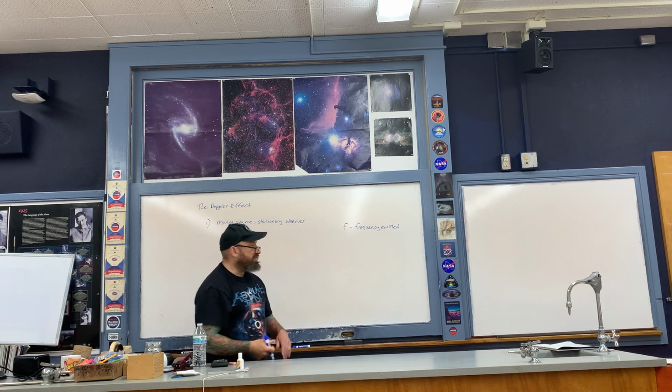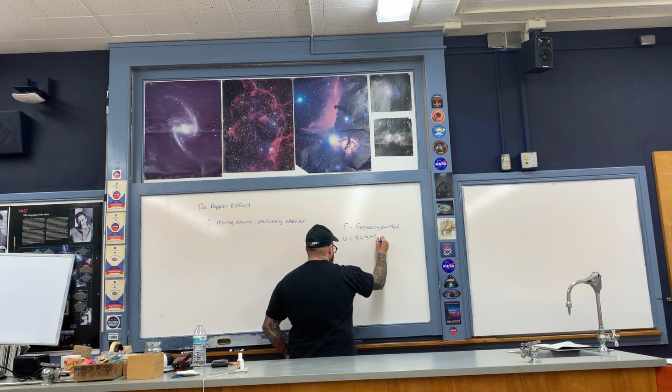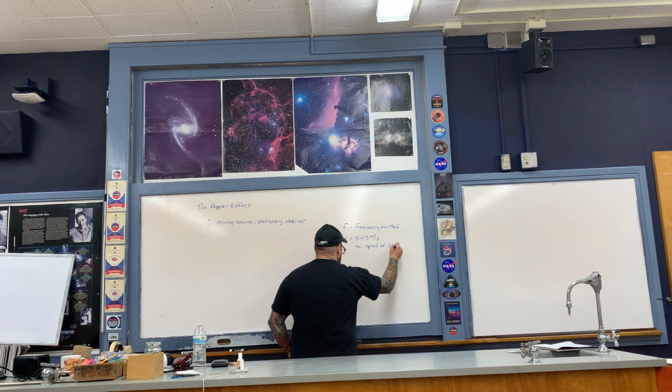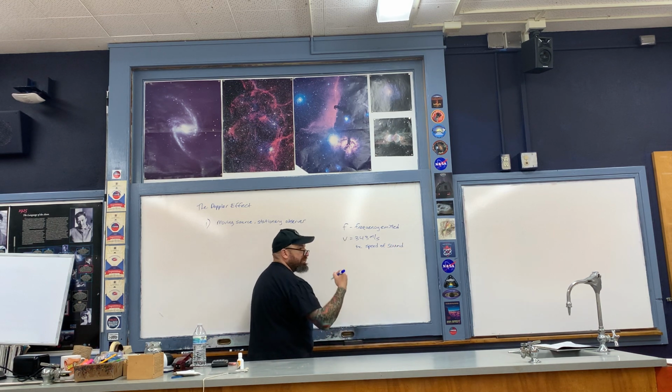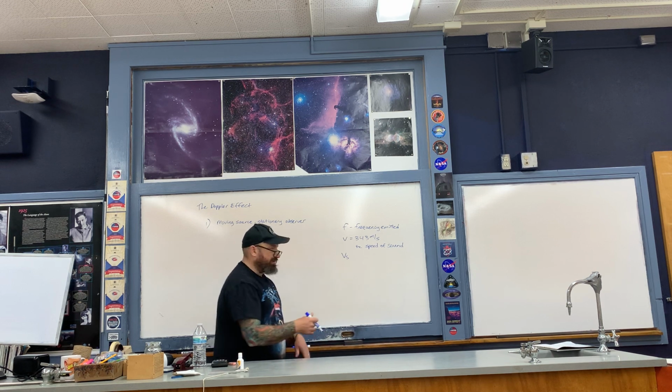Then we have the speed of sound V, 343 meters per second. Then we have the speed of the source. This is labeled as V sub S. So this is not the speed of sound, this is the speed of the source.